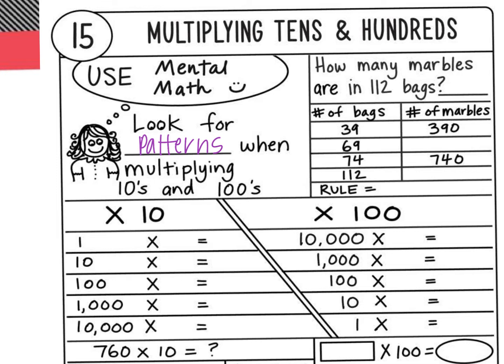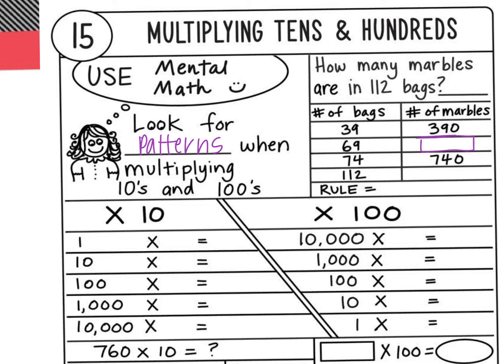Okay, well, if I look at the example and it says how many marbles are in 112 bags, and I'm looking over here at my table, okay, I have 39 bags, which is 390 marbles, 74 bags, which is 740 marbles. So I have a missing number right here.